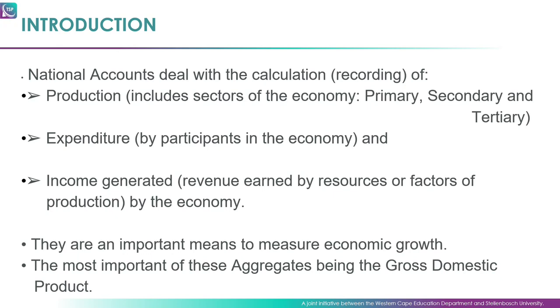They are an important means to measure economic growth, and the most important of these aggregates obviously being the gross domestic product, otherwise known as the GDP. By now you should understand the importance of GDP, and specifically the real GDP is used to measure economic growth.